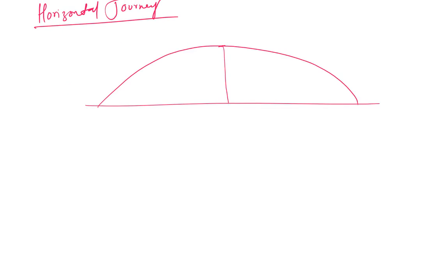This is 20, so this is the halfway mark, 20 meters. This whole thing is 135, so this is 65, this is 65. So the time it takes to reach from here to here is 2.02 seconds, and the time it takes to reach from here to here is also 2.02 seconds.